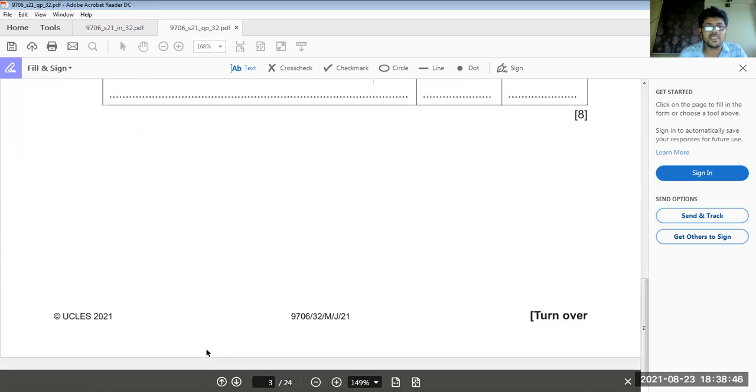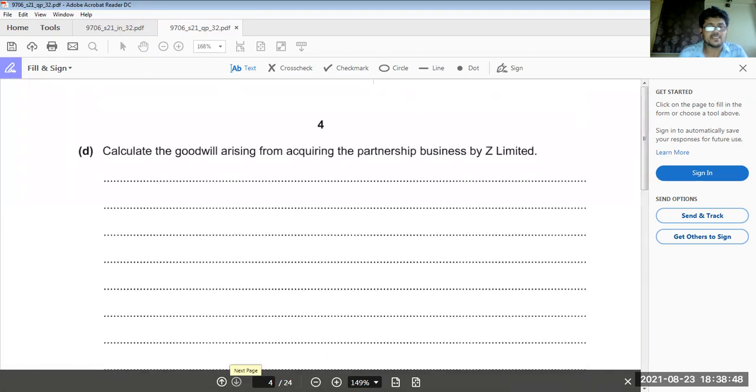Now we are free with this page. Go to next page. Calculate the goodwill arising from acquiring the partnership. Now see the purchase consideration. The purchase consideration is $500,000. Okay, now take all the assets.